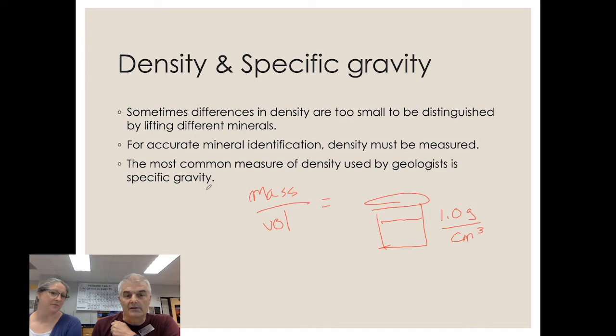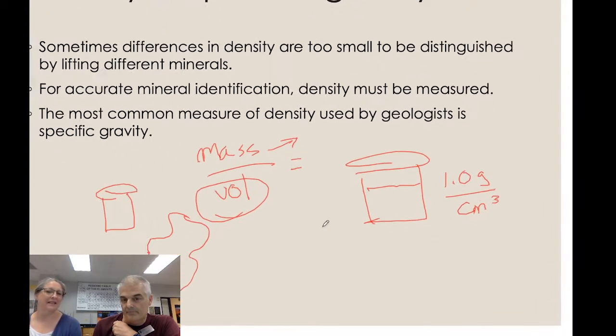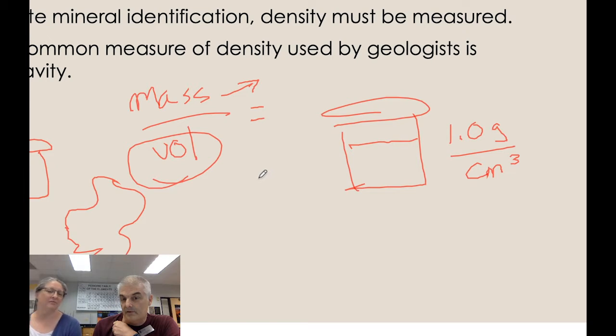So is this something you can measure? It is. You can find the mass with your balance, so you just weigh it, right? Put it on the scale, and then the volume. How do you find the volume? These rocks aren't a nice, pretty shape, no cubes, no cylinders, no spheres. They're weird shapes, right? So what do we do? Well, if you remember, dropping something in water raises the water level.